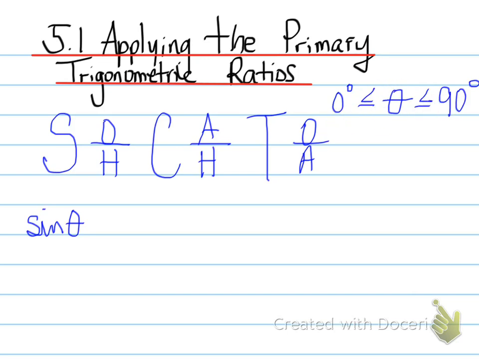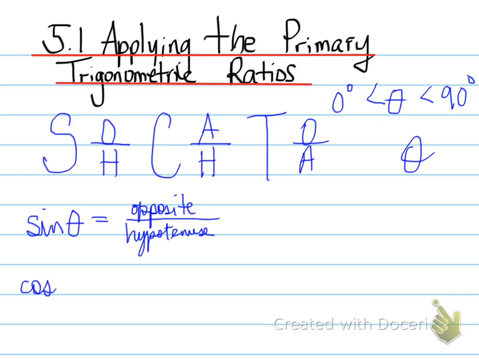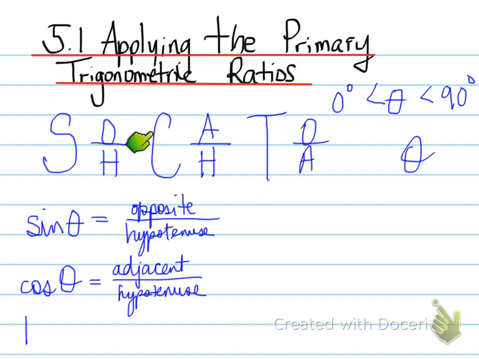Cosine of an angle theta is equal to adjacent over hypotenuse, and that represents the CAH part of SOHCAHTOA. TOA stands for tangent of an angle theta is equal to opposite over adjacent.